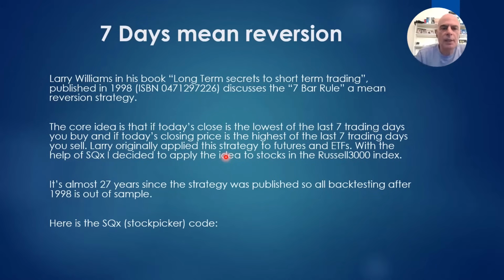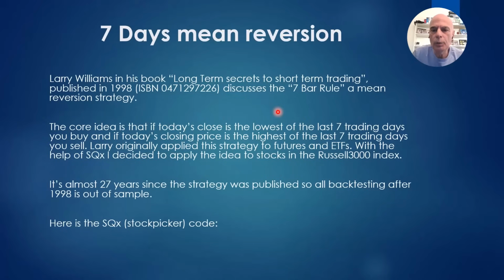So the basic idea is that if today's closing is the lowest of the last 7 trading days, you buy, and if today's closing price is the highest of the last 7 trading days, you sell. It's a very, very simple strategy and impossible to curve fit.